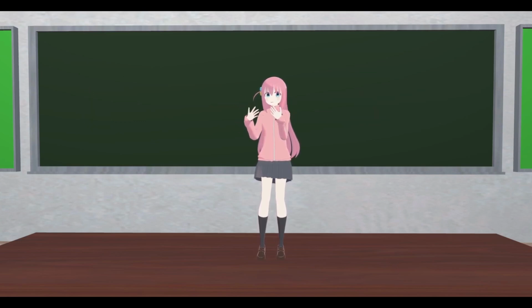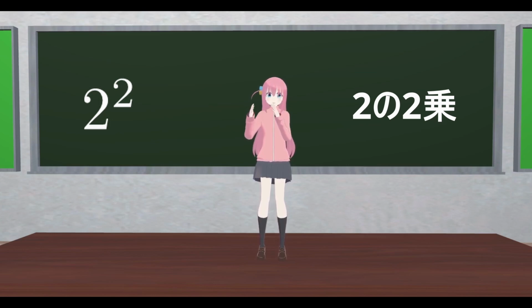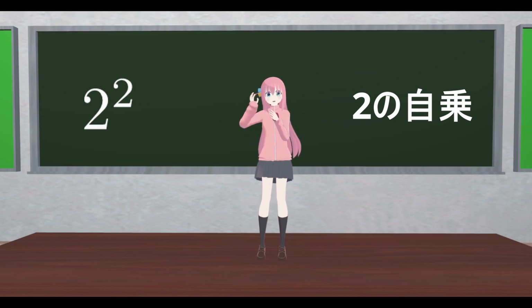The exception to this is with to the power of 2, which in English also has an exception. We call that squaring. So you can either say 2 to the 2, which is kind of weird, 2 to the second power, or 2 squared. So you can say 2 squared as either 2の2乗 or 2の自乗, where the 自 is the character for self.